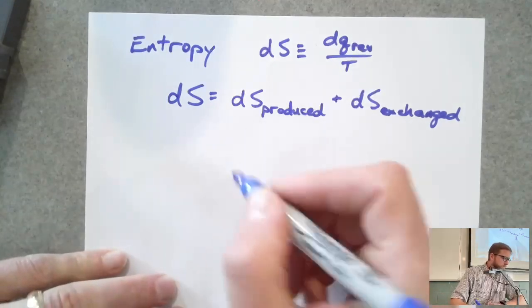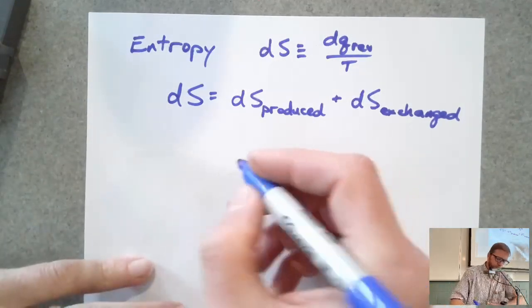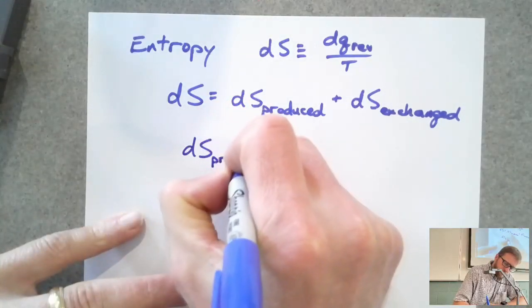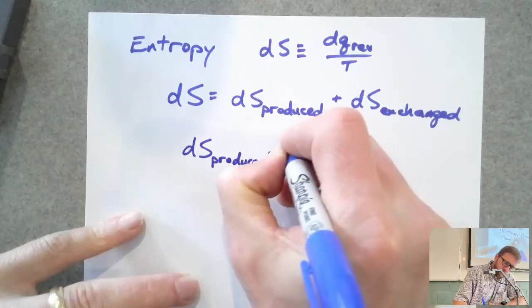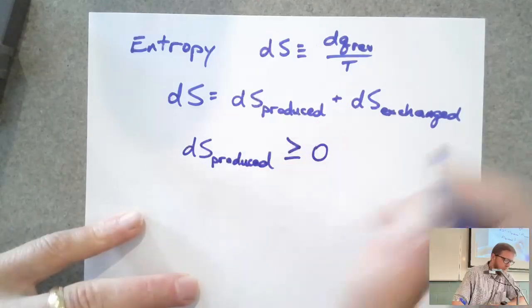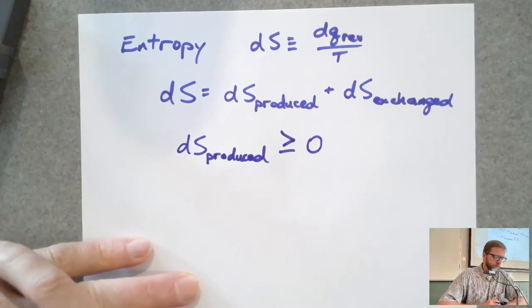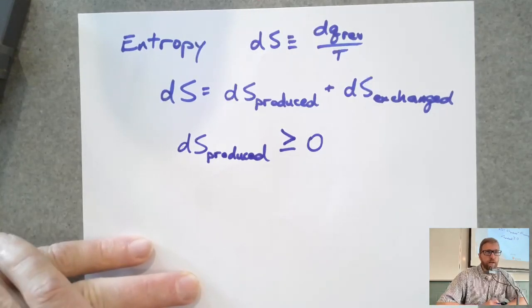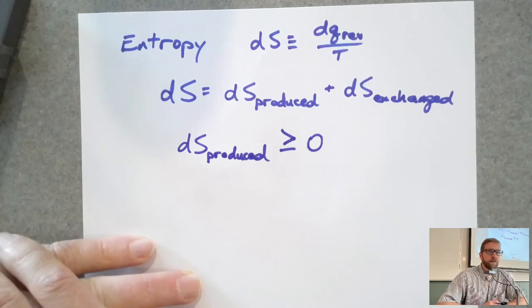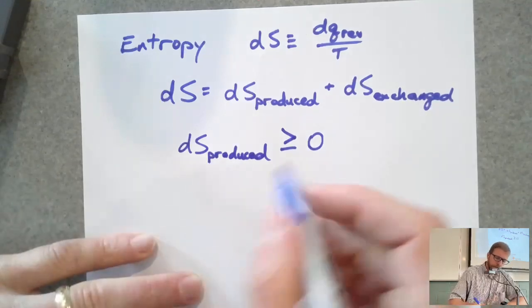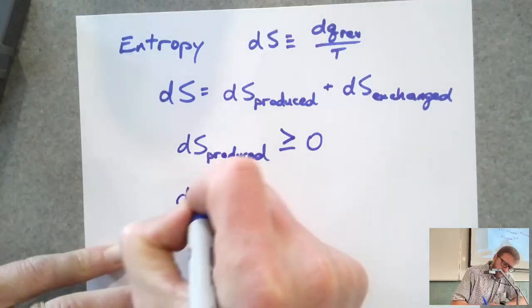In other words, ds produced is greater than or equal to 0. It's 0 for a reversible process, and it's non-zero for an irreversible process. Okay?